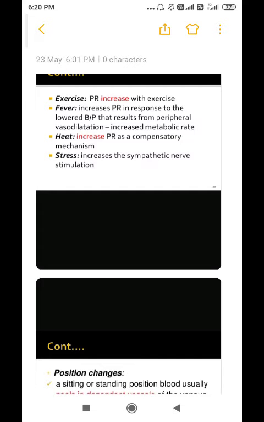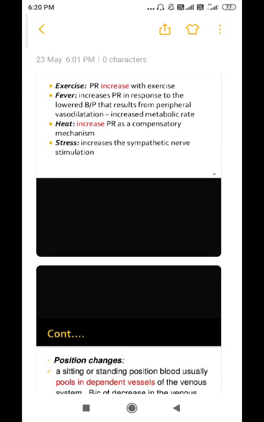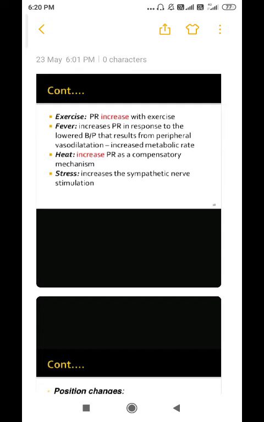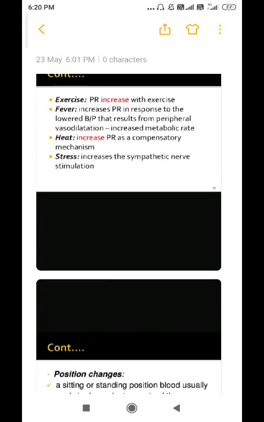Then heat increases pulse rate as a compensatory mechanism. Heat is also important to the pulse rate. And stress increases sympathetic nervous stimulation.